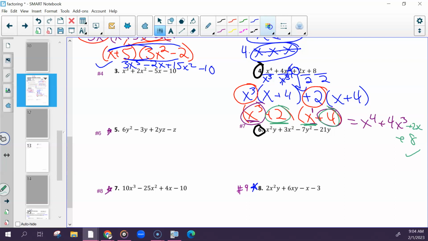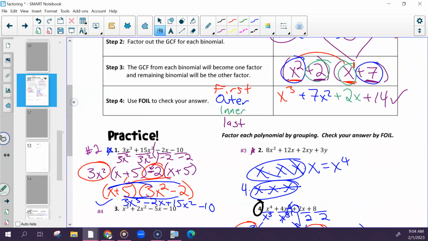Whatever numbers we divided, you put that into one. Oh, after this. Yeah. So this is just to check it, to see did we do this right. Oh. So we're multiplying it back out. Why would you do that? Oh. So use the first terms, the outer terms, the inner terms, and the last terms.